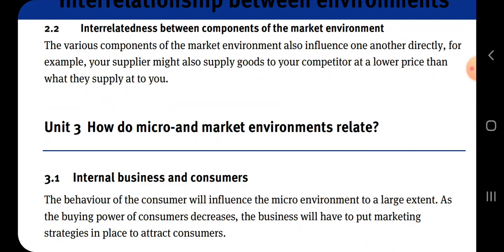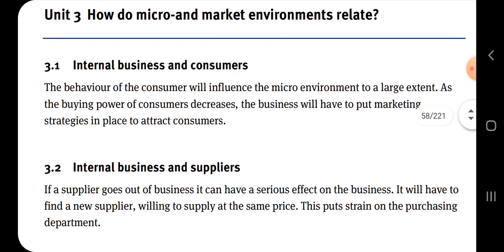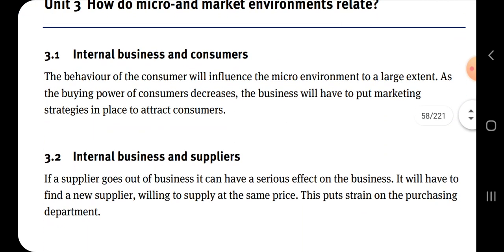This is the interrelatedness between components of the market environment: how the components of the market environment relate to each other. So the internal business and consumers. The behavior of consumers will influence the micro environment to a large extent. As the buying power of consumers decreases, the business will have to put marketing strategies in place to attract customers.